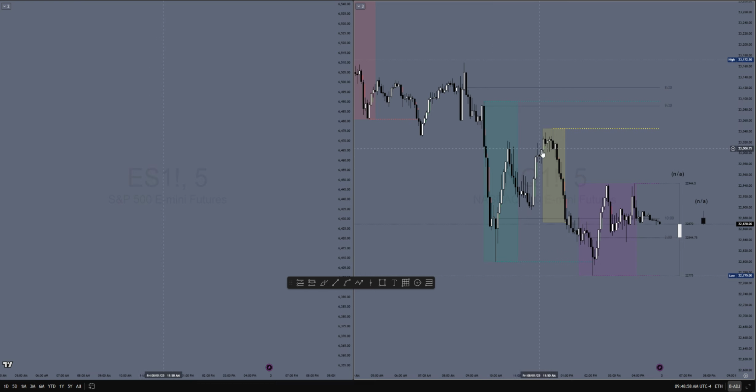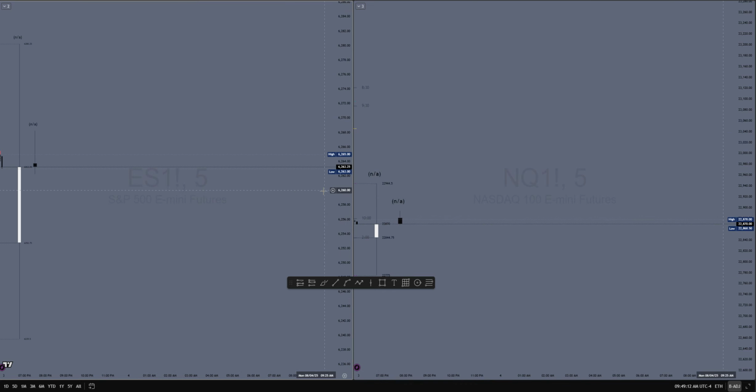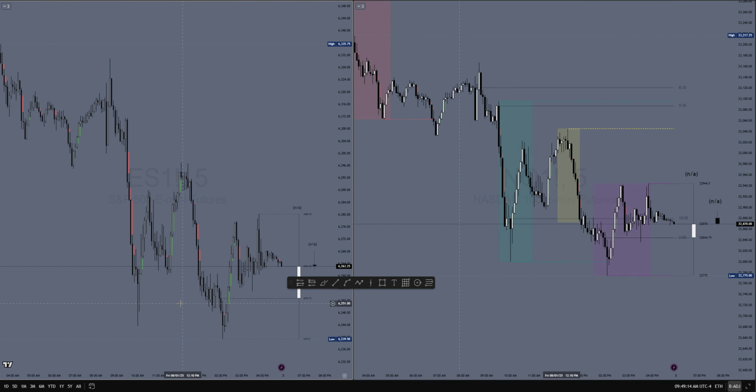If we create a wick or a doji showing no displacement, we showed no displacement 2 times. So this one would have been liquidity sweeps with no displacement, or possibly an SMT. Doesn't look like we had an SMT.